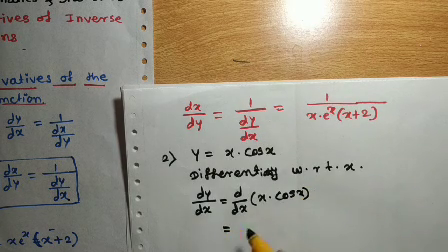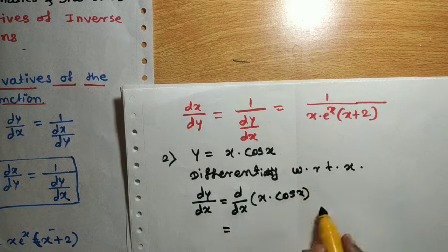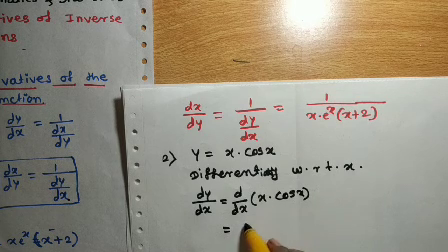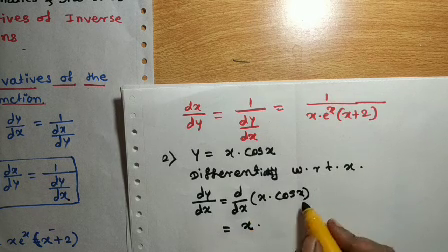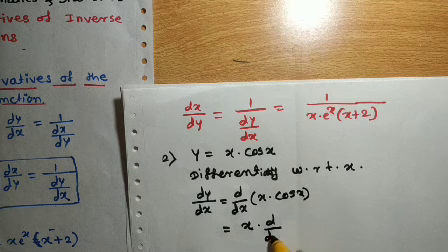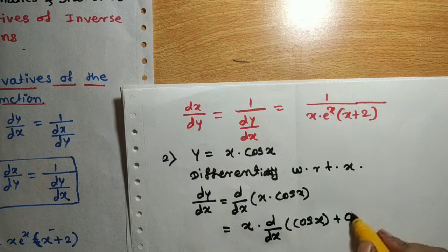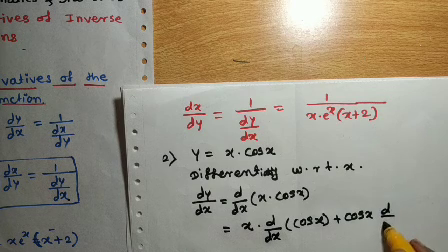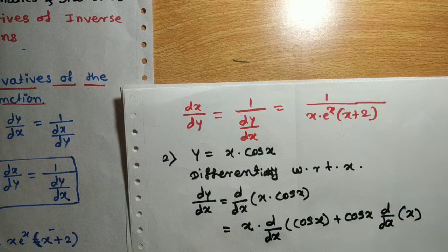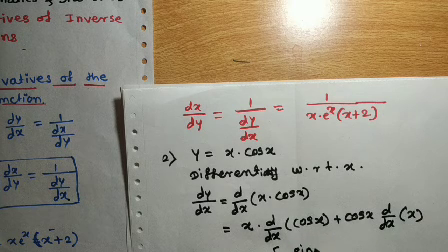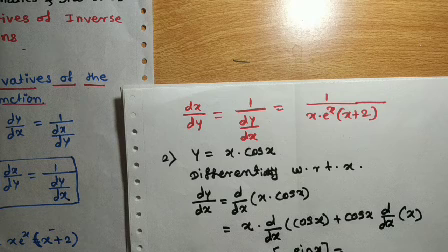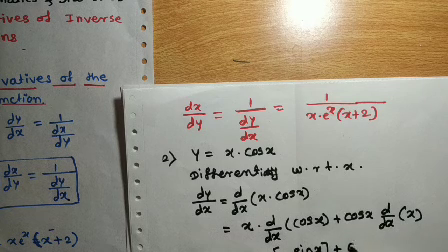We use the u into v formula: keep the first function as it is, take the derivative of cos of x, plus keep cos x as it is and take the derivative of x. That becomes x into minus sine of x, since the derivative of cos of x is minus sine of x, plus cos of x into 1.